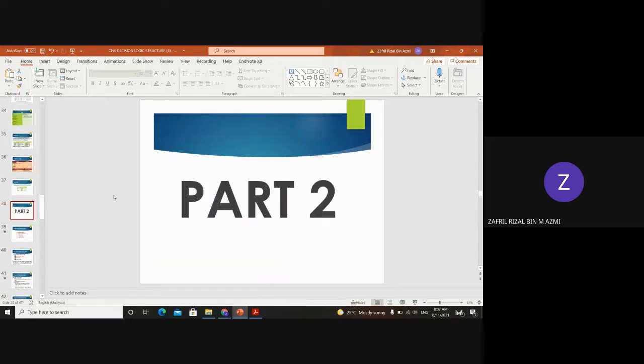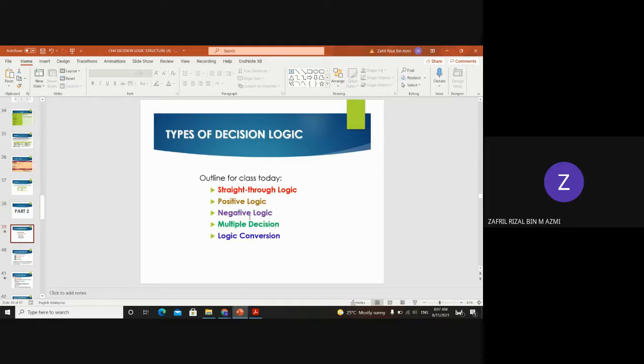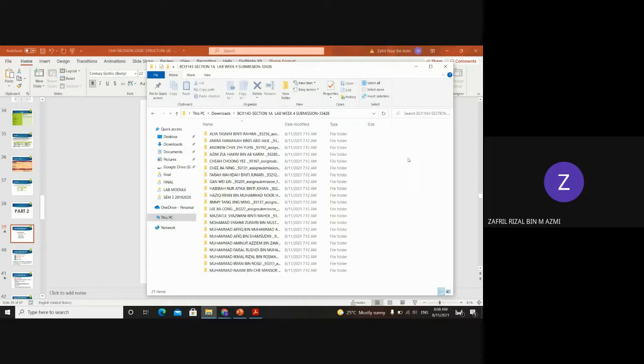Before that, the highlights of the topic for today are straight-through logic, positive logic, and negative logic. These three logics are all about multi-selection using the if-else statement. But before that, let's look at the answer of last week's exercise.